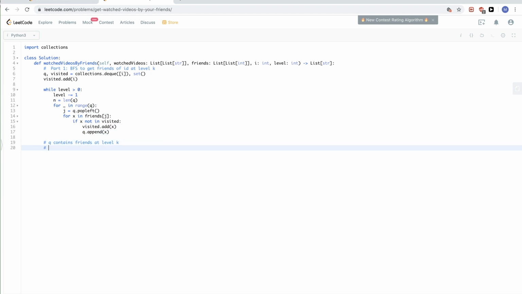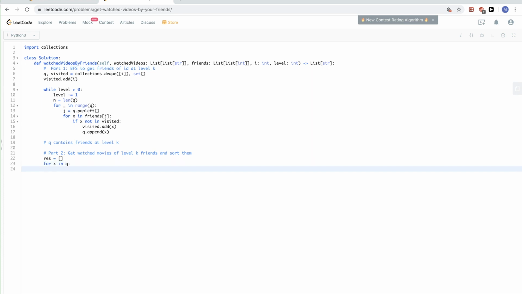Now we can do part 2, which is get watched movies of level K friends and sort them in the order that is asked from us. First let's just have this array to contain them, and then the friends at level K, we'll go through each of them, and each of them will get the watched videos, right?